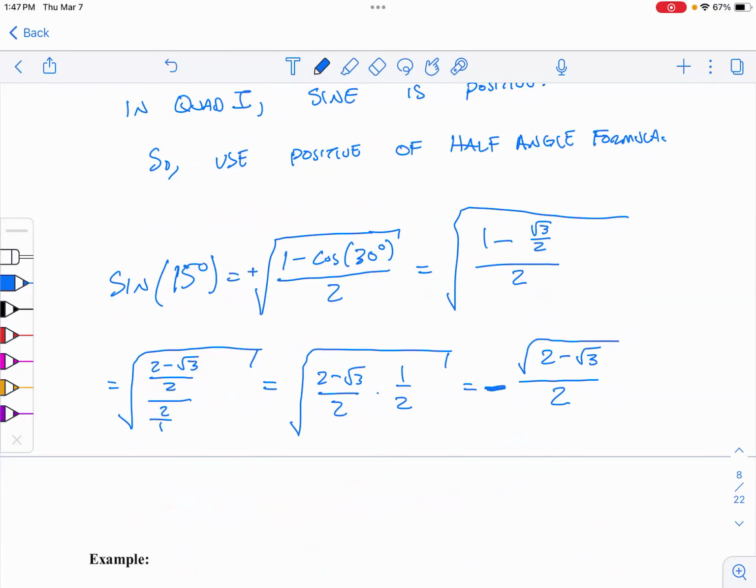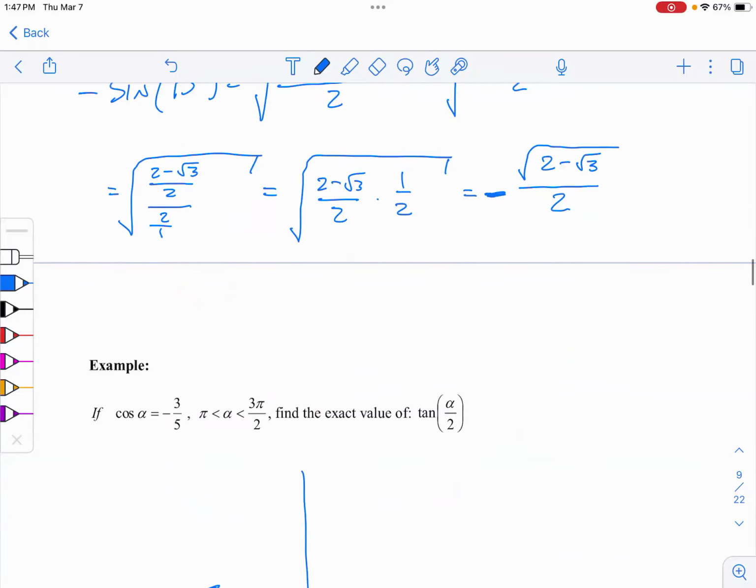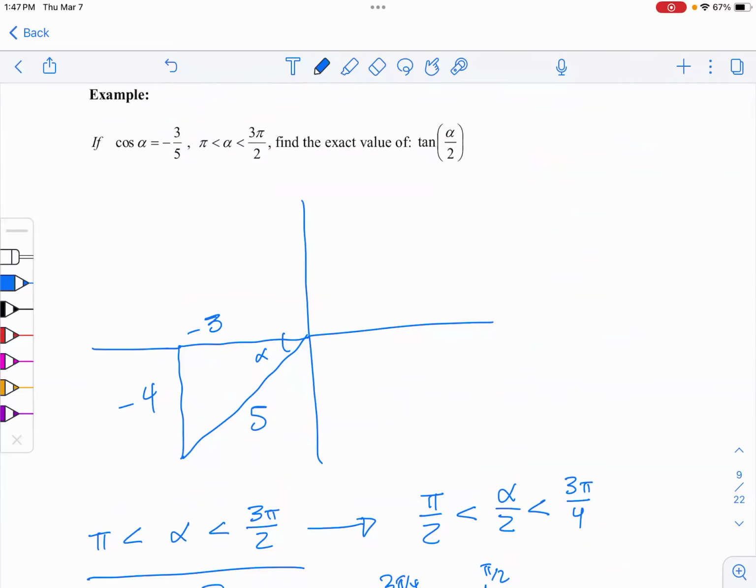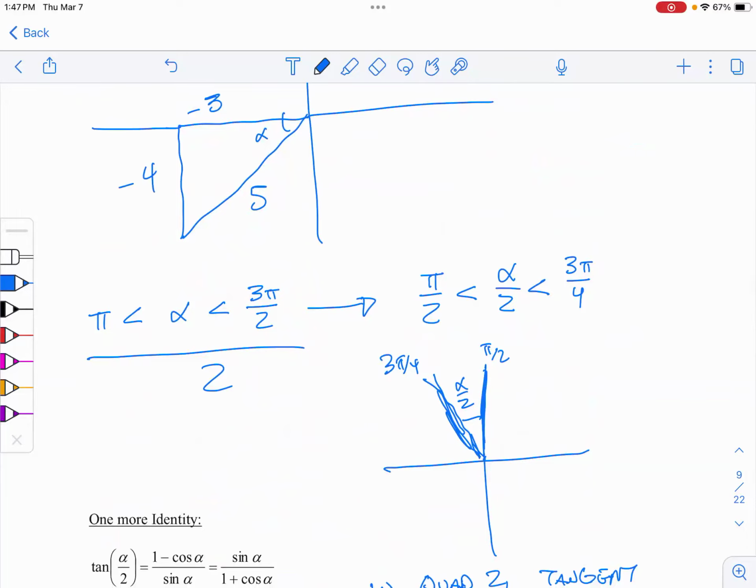Because it was actually negative sine of 15 degrees. But the quadrant of the half angle is quadrant 1. The full angle is quadrant 1. So everything was positive there. This one, all right, the full angle is quadrant 3, but the half angle is in quadrant 2. All right, and so that's the trick in identifying the quadrant of the half angle.